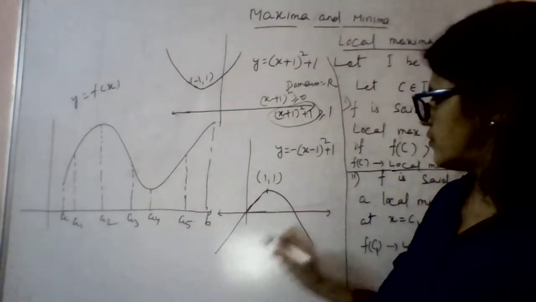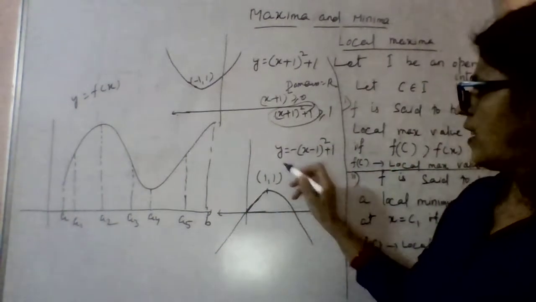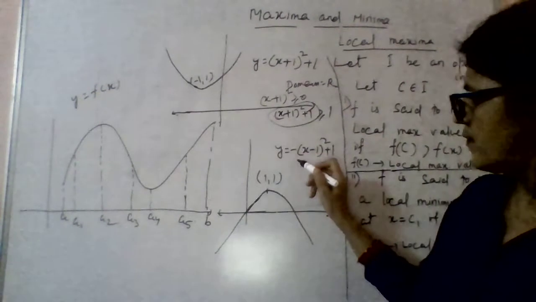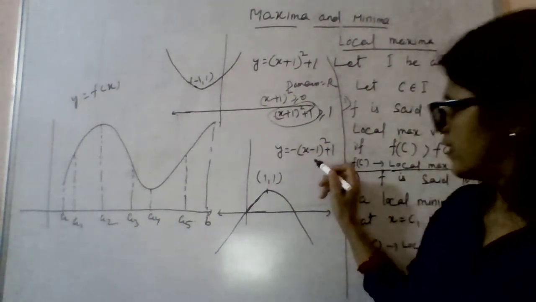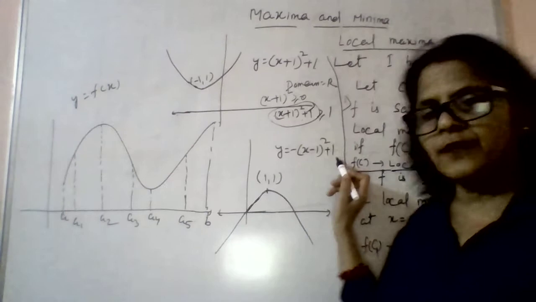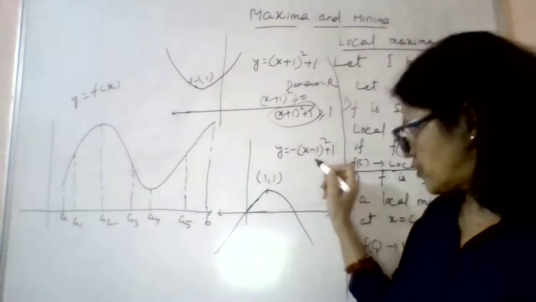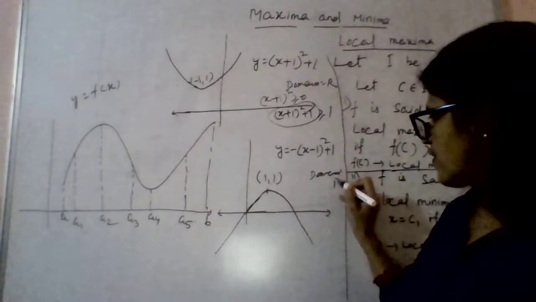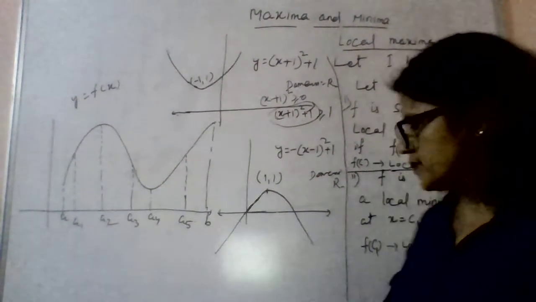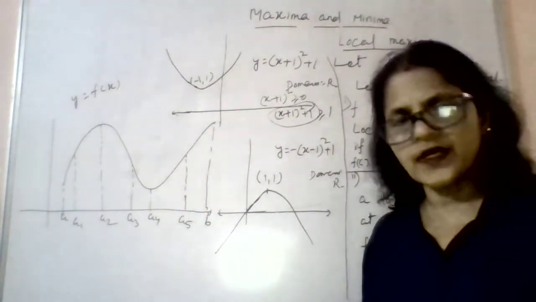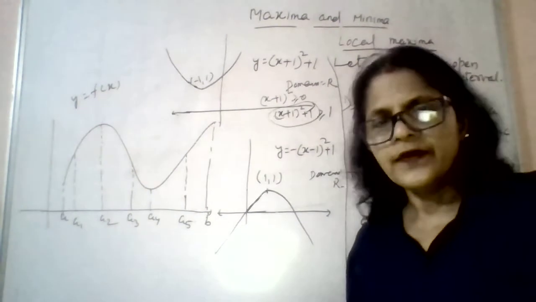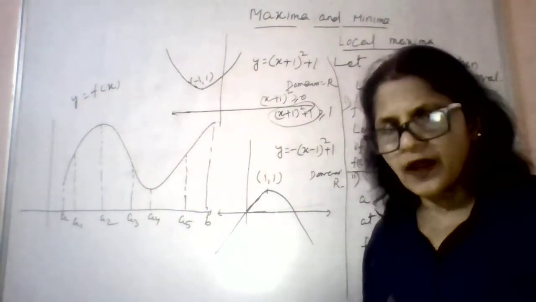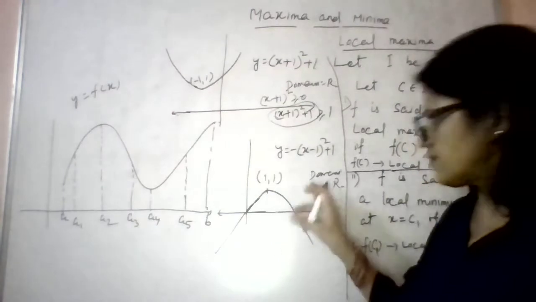Next, figure 2. This curve represents y equal to minus (x minus 1) whole square plus 1. Here also the domain of the function is the set of real numbers. Again the same question: find the maximum and minimum value of this function.